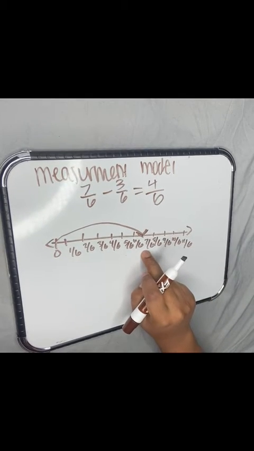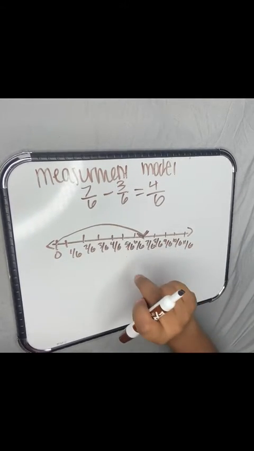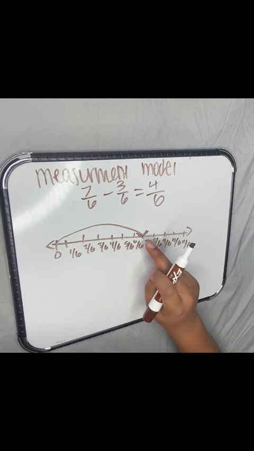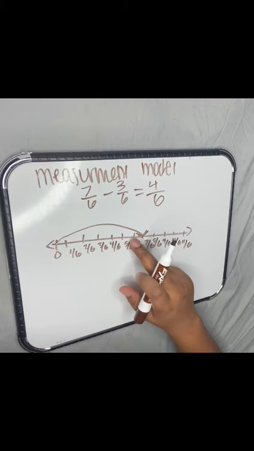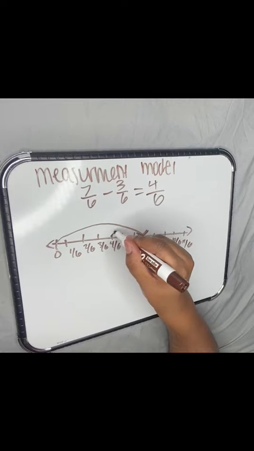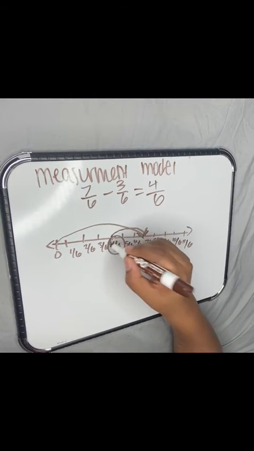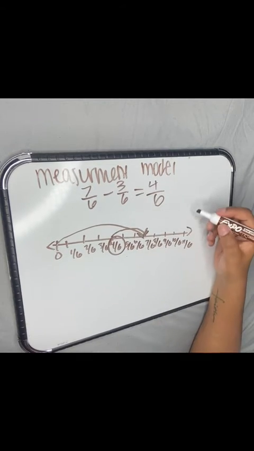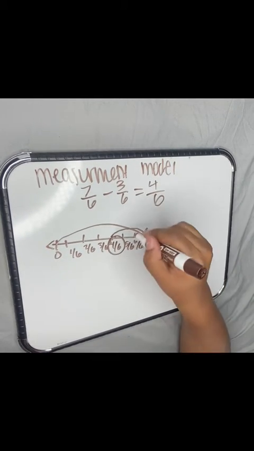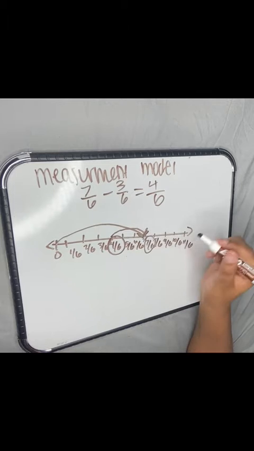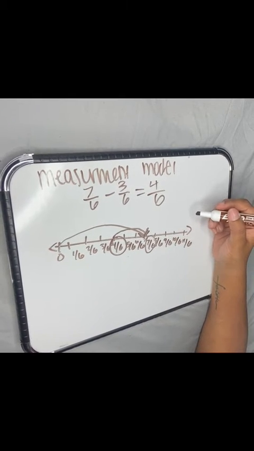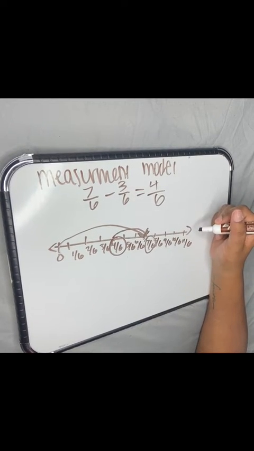We need to take away 3/6 of that 7/6. So jump back 3 spots. 1, 2, 3. We're at 4/6. And since we're at 4/6, that is what our answer will be. The arrows will point towards the beginning. When you're subtracting and you're giving examples, that is where the arrows go.